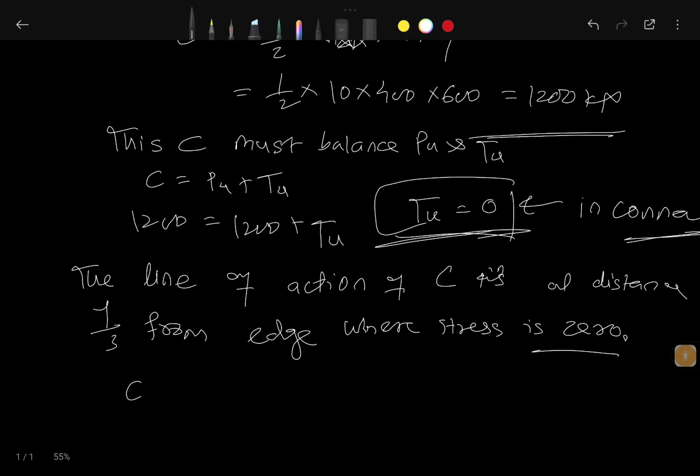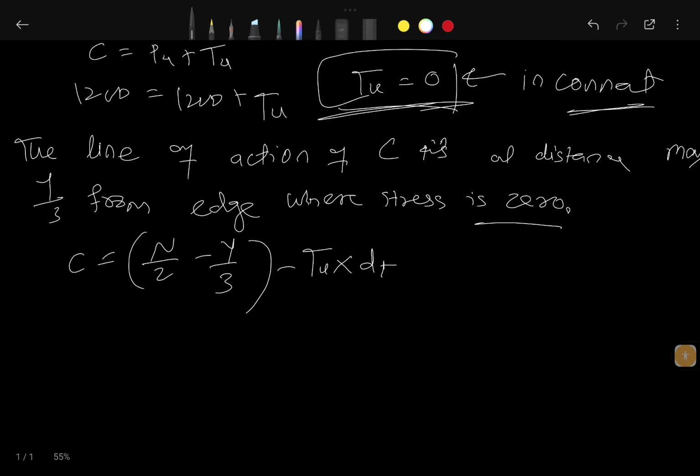So the formula we get is C into (N by 2 minus Y by 3) minus Tu into dt, depth into thickness, is equal to 0.